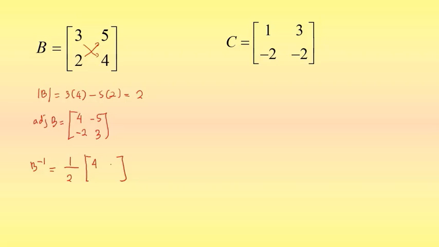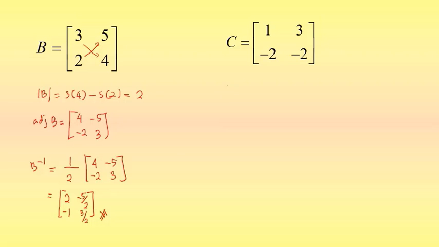So we have 4, negative 5, negative 2, and 3, and then just multiply the adjoint with the coefficient here. So we have 2, negative 5 over 2, negative 1, and 3 over 2. This is the inverse of B.